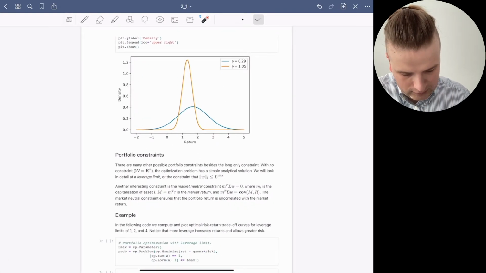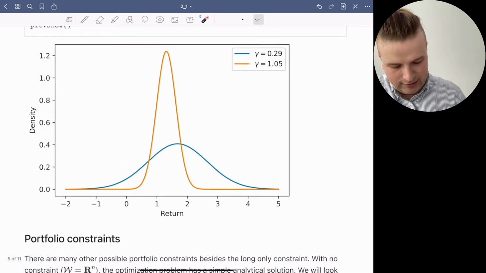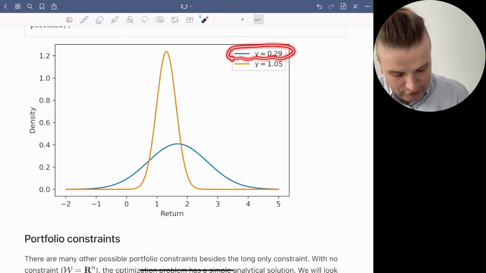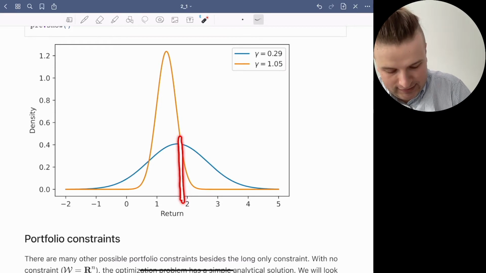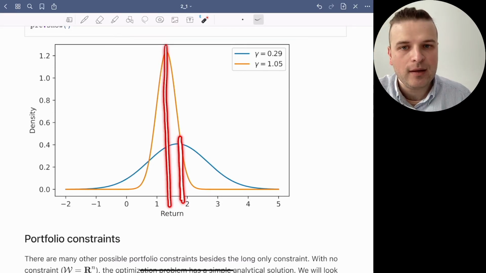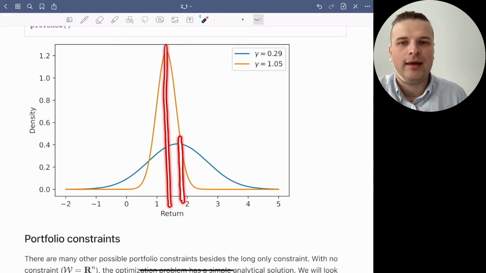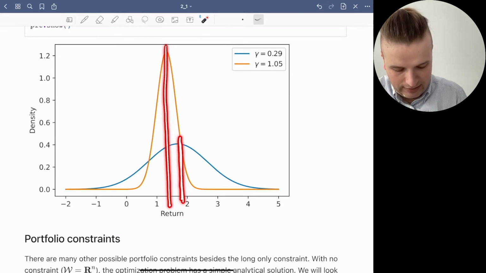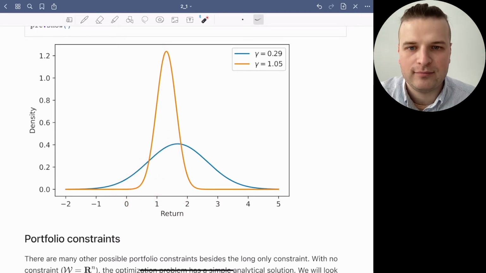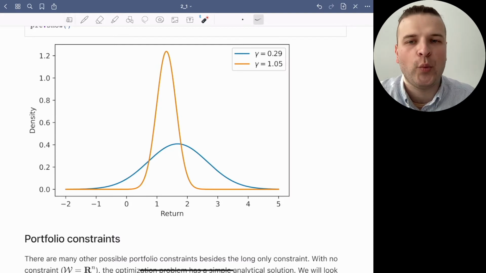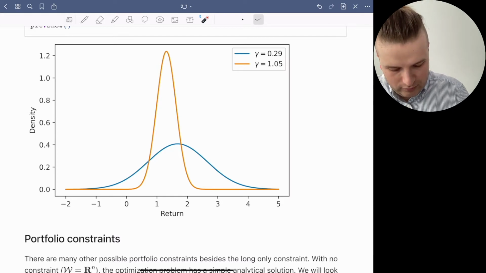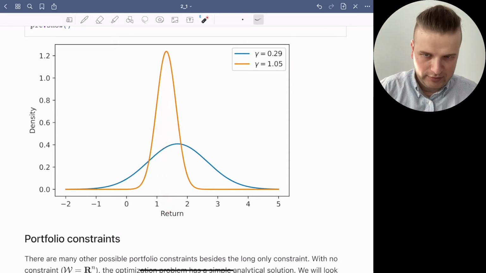Let's say the blue line means that on average you will get more than in this orange approach, right? But you also have a higher chance of getting lower than in the orange approach with a higher value of gamma. Okay, so this is inversely proportional to the value of mu, right?